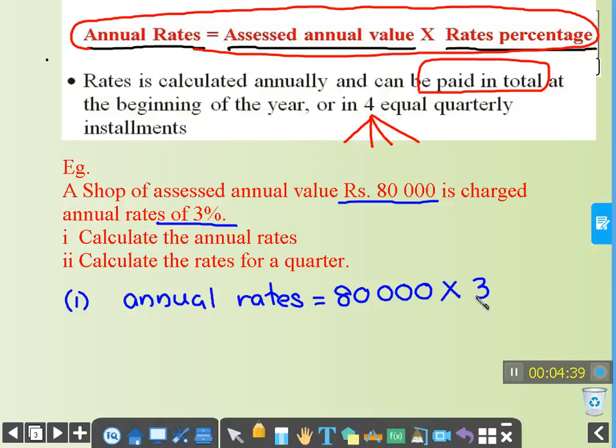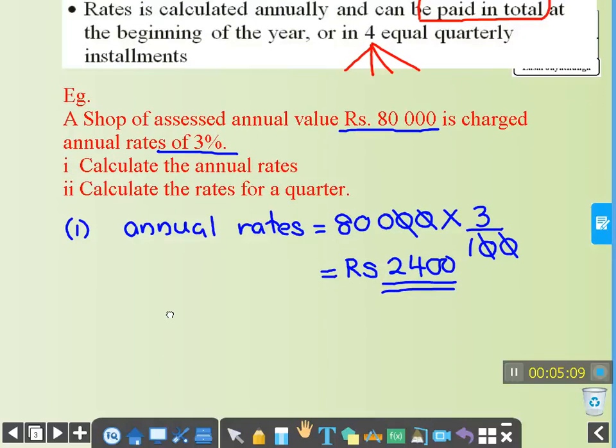It is 3%. 3% means 3 over 100. Now we'll simplify and obtain the annual rates. 0 and 0 cut down, and again 0 cut down. 800 multiplied by 3, then 2400. So it is the annual rate, so the annual tax amount to pay.